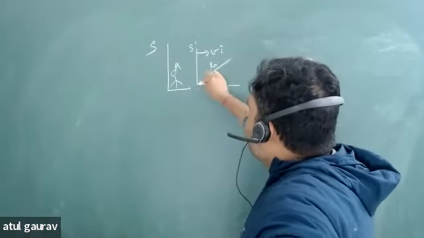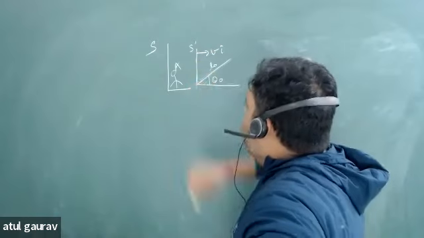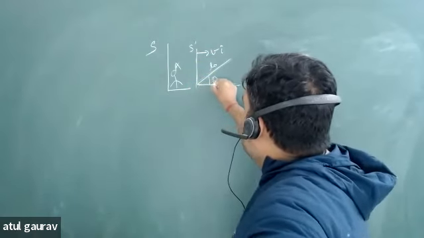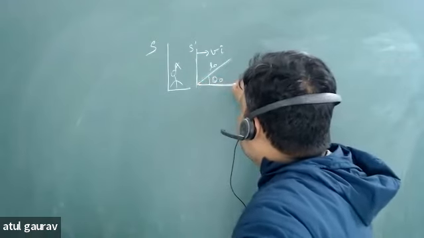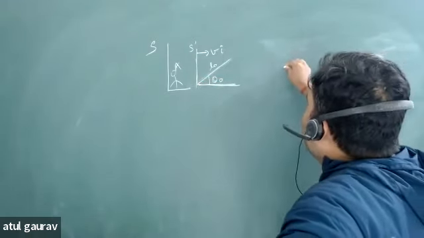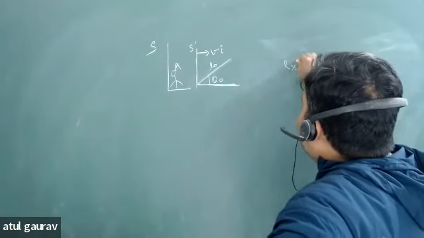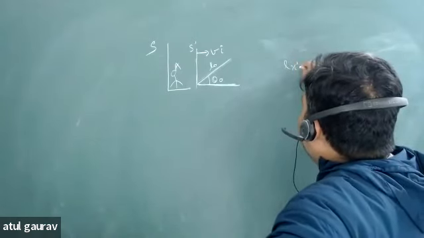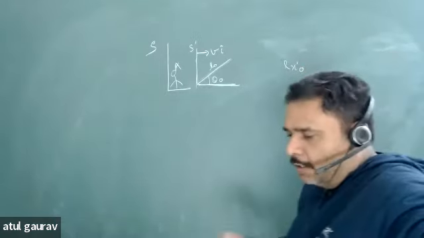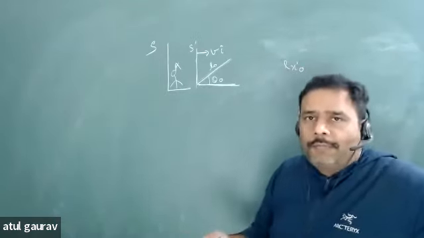One is along the x-axis, another is along the y-axis, isn't it? So what will be the proper length along the x-axis? L naught cos theta. Very good. So I can write this as Lx naught, because we are talking about proper length. So naught is the notation for proper length.